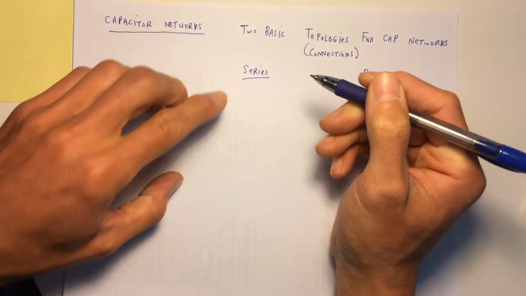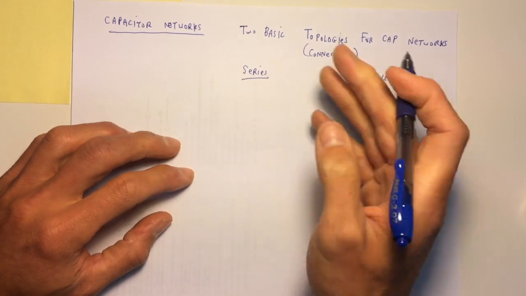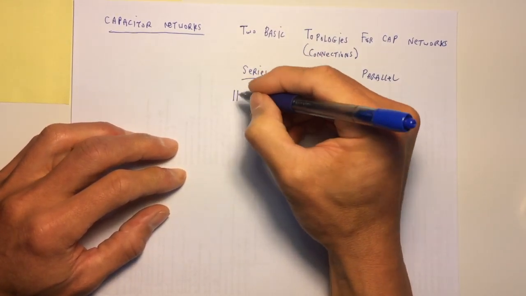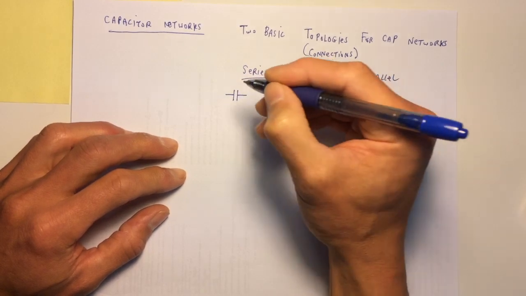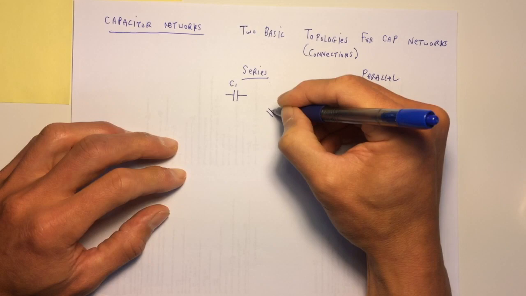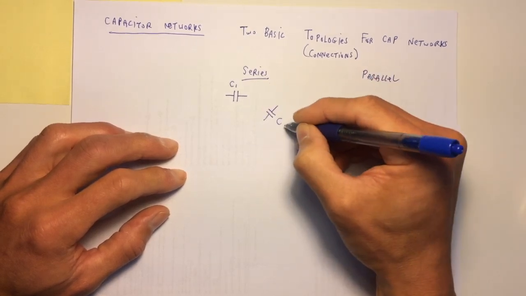The series shape takes two, in general, different capacitors. Here's a capacitor. Let's call it C1. And here's another capacitor, C2.